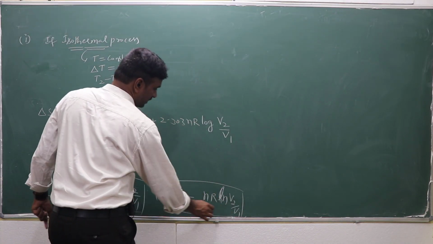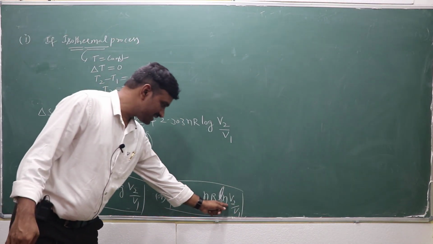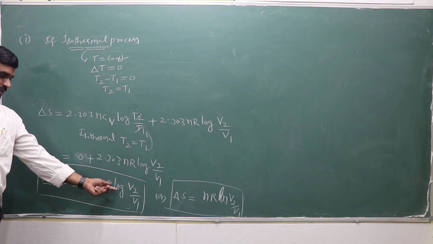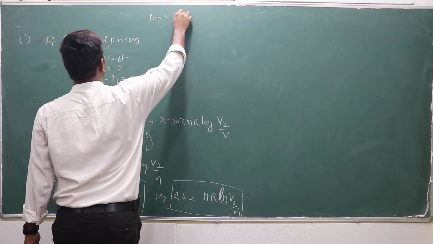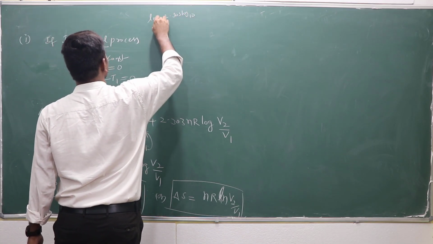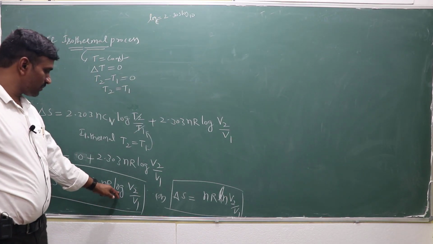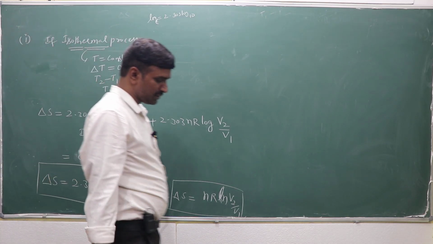Log is base 10, ln is base E, exponential. So ln is converted to log by 2.303 log base 10, ln base E. So this 2.303 log becomes ln, right? NR ln V2 by V1.